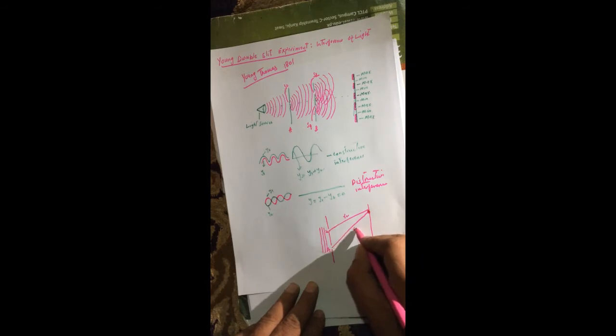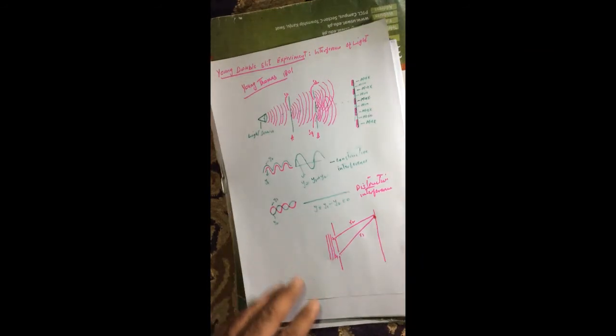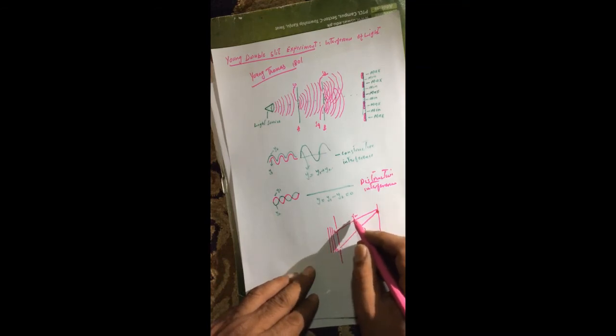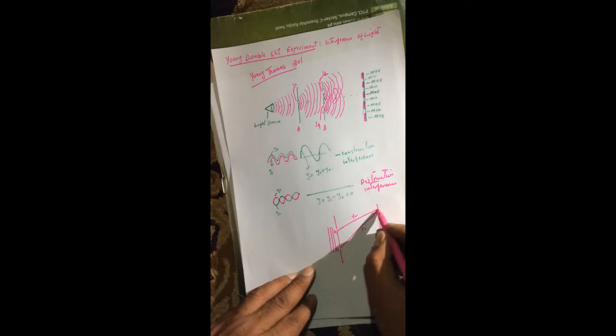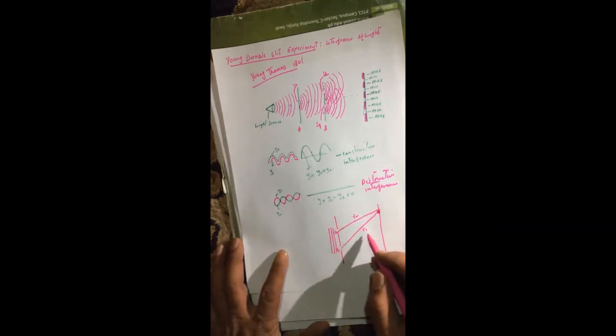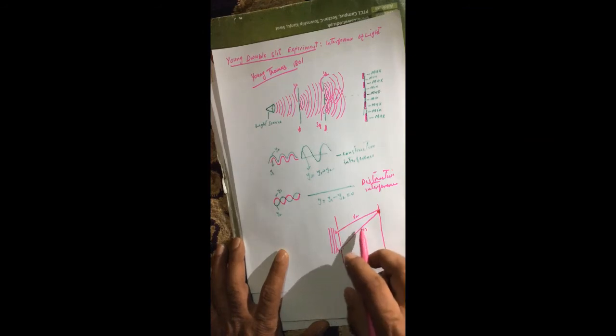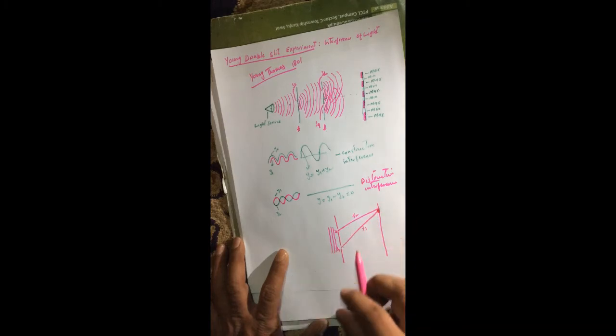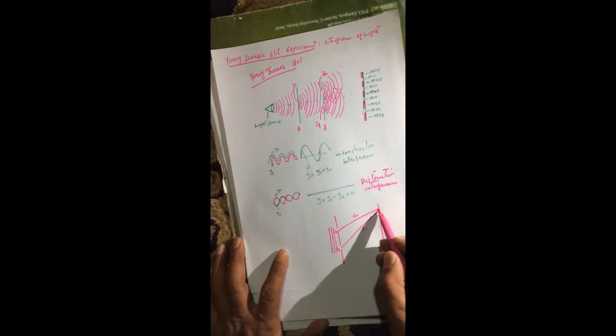I call this ray R2 and this ray R1. Now if these two rays R1 and R2 interfere constructively, then we have a bright spot, a maxima here. If they interfere destructively, then we have a dark spot, a minima here. So I will find out whether this is minima or maxima.